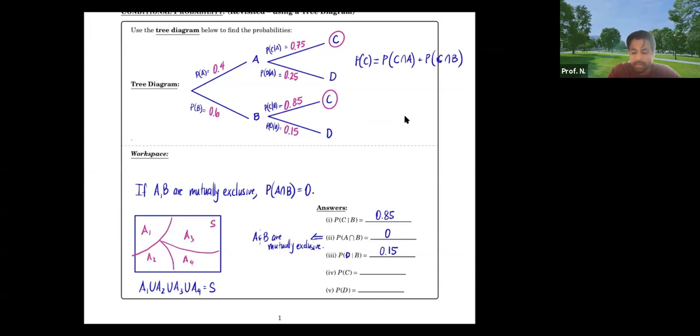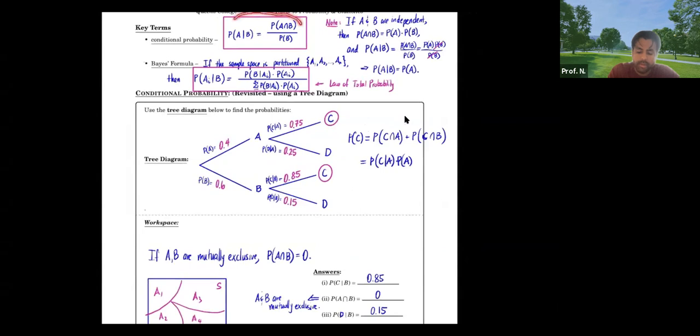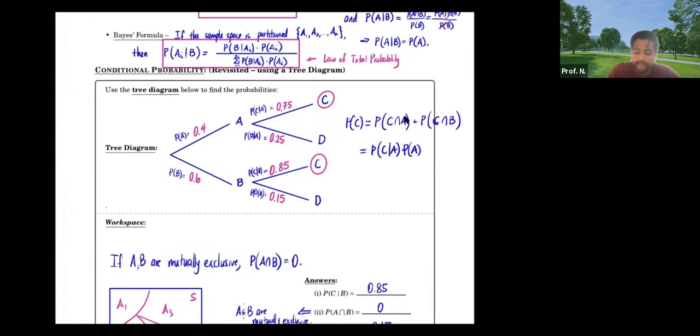So what's the probability that B and C occur? How would you find that? Well, from the conditional probability, you can find the probability that A and B occurs, which equals the probability of A given B multiplied by probability of B. Same thing happens here.